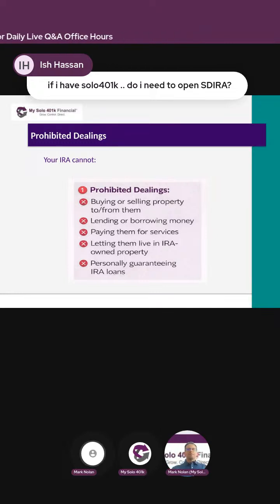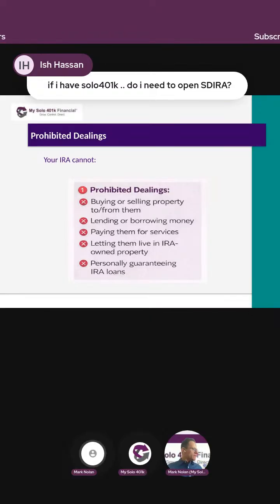Let's talk about some of the most common violations regarding self-directed IRA investments and prohibited transactions. One would be buying or selling a rental property. Your IRA cannot buy property from you or sell property to you.